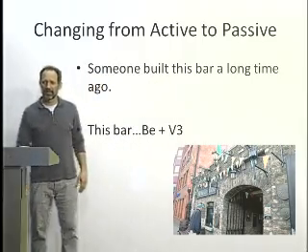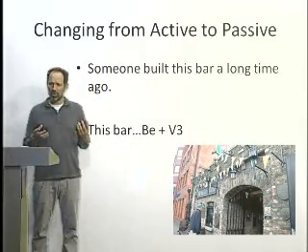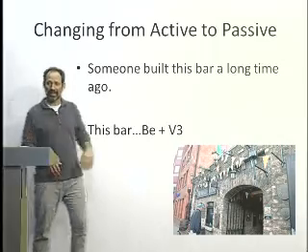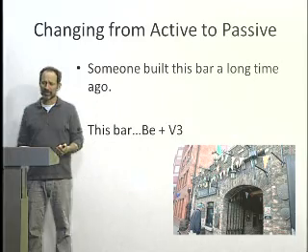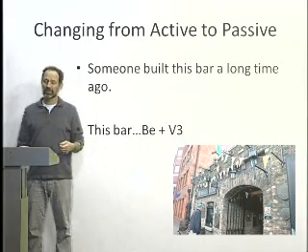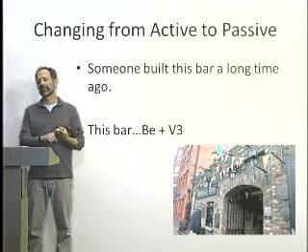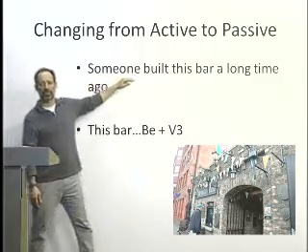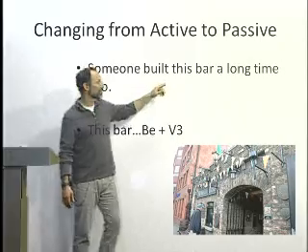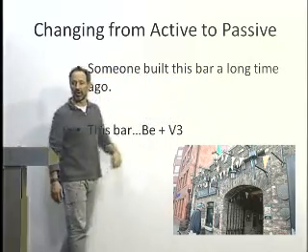Next step, we're going to say who or what built. And that would be someone. Someone built. Okay? Now we find the object. We say the subject, the verb, and then we ask who or what. So someone built what? The answer, this bar.